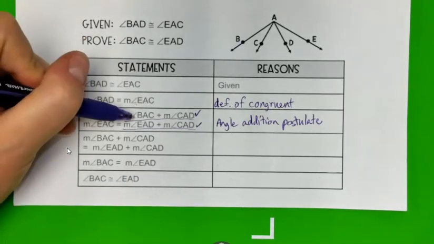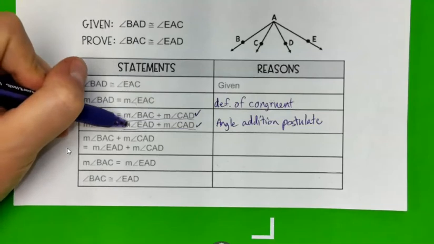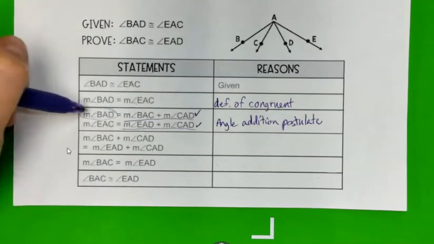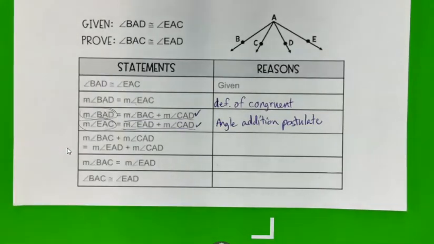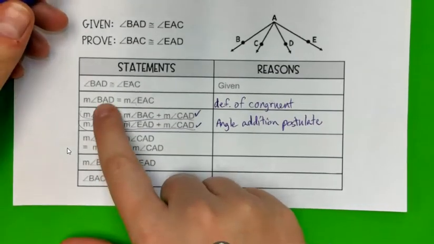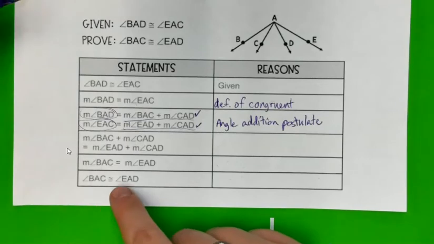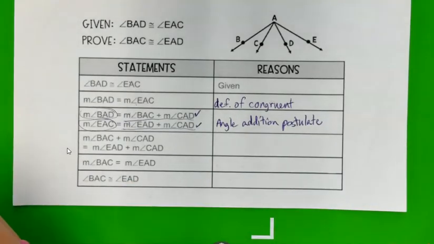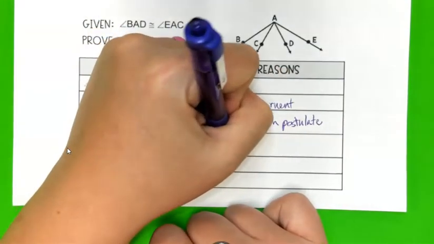But in this case, we set these two equal to each other, but BAD and EAC are not the exact same thing. So to be able to set them equal to each other, it can't be the transitive property. It has to be substitution.